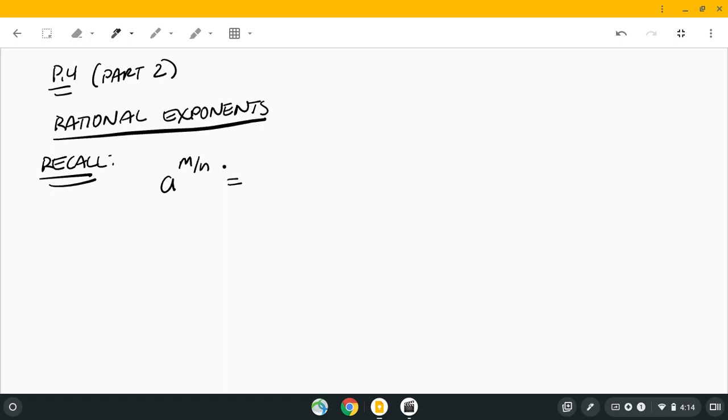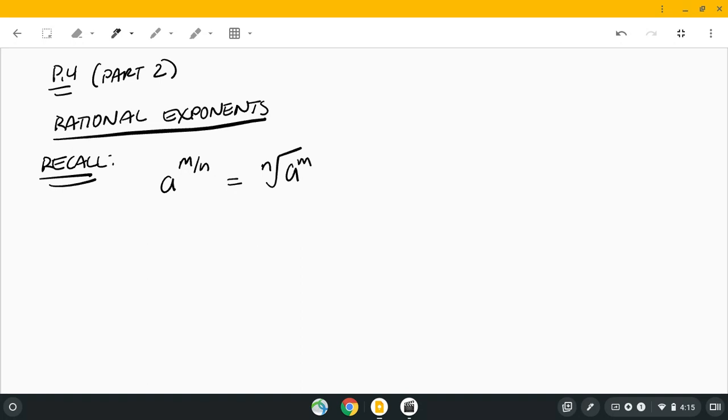And so this number here in the denominator represents the root that you are taking of this base. So this here is the root, the radical, and this here is the exponent as you understand it to be. Okay, so that n is your nth root, and the m is your exponent as you know it.